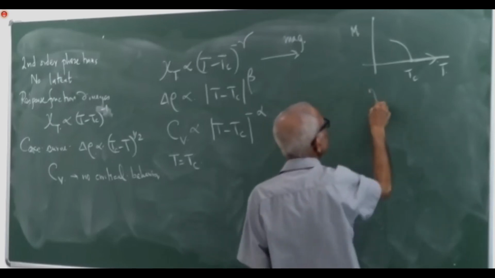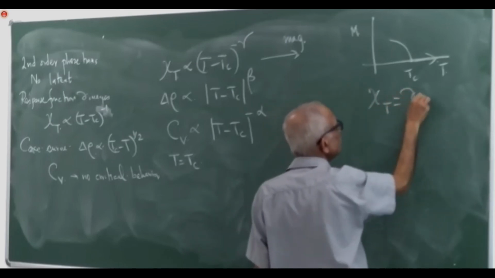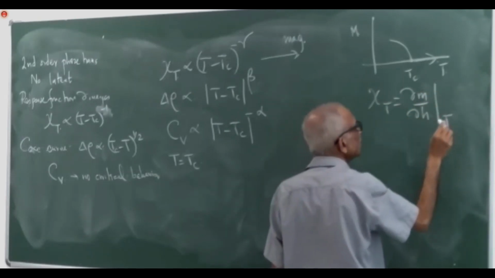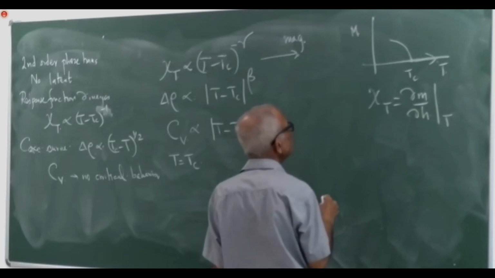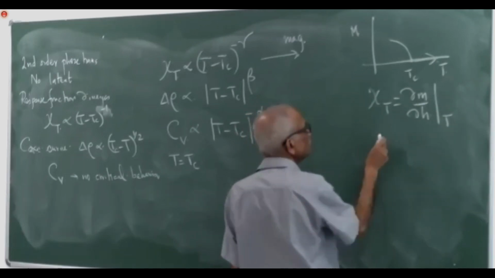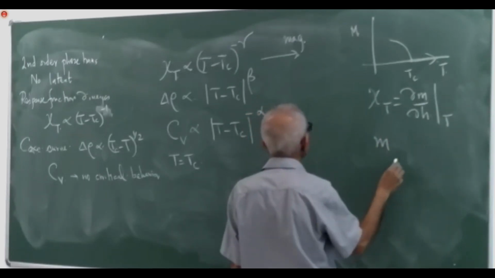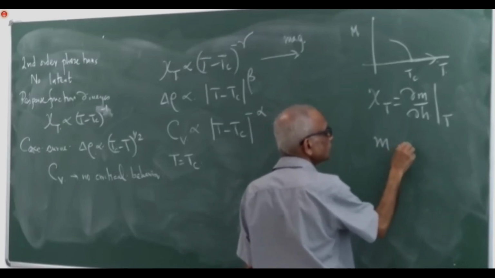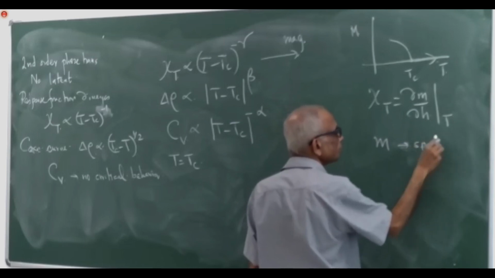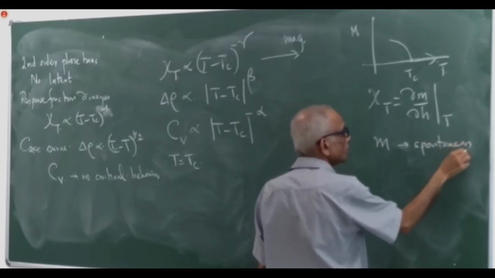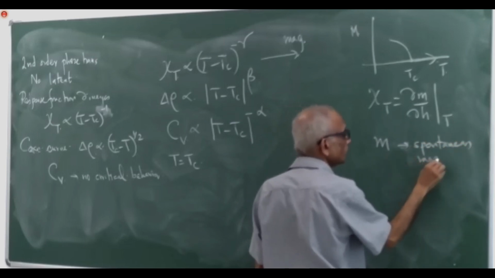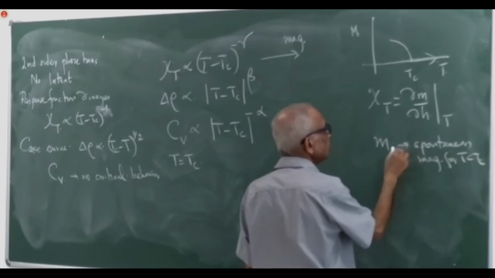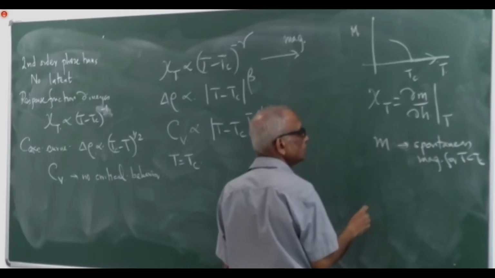Then the susceptibility chi_T would be del M del H, at constant T. The delta rho equivalent would be M, that is the spontaneous magnetization, for T less than Tc. So M is not equal to 0 for T less than Tc.